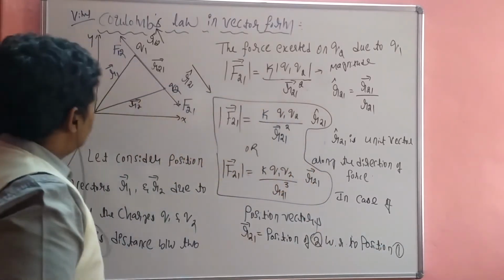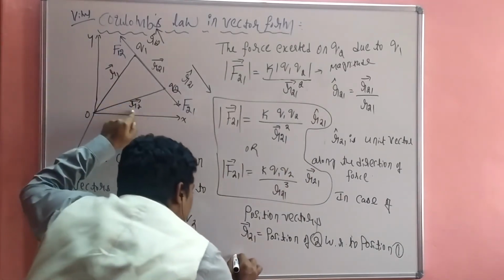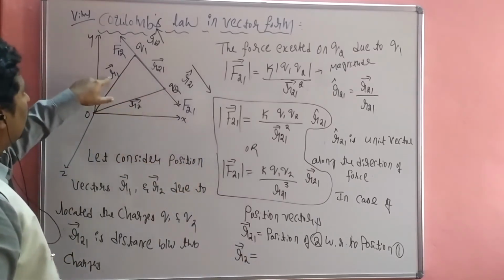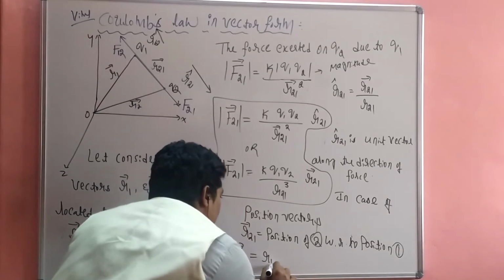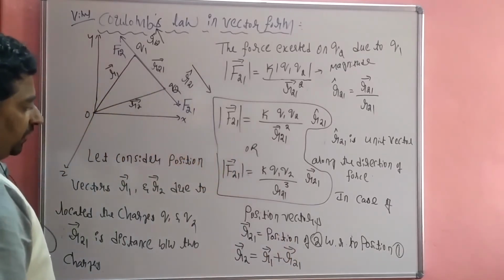So what is the position of 2 according to the triangle law? The position of 2 is equal to R1 vector plus R21 vector.